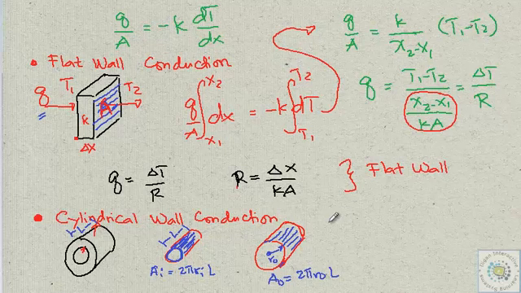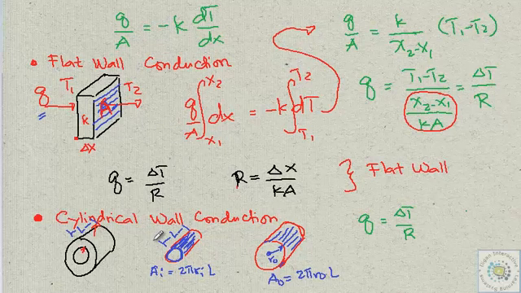And I will write here the equation that we can use for the flat wall. Same. Q is equal to delta T over R, where R is just somehow modified from this. So for the cylindrical wall, we can use this same equation that we have derived for the flat wall. I will not be doing a lot of derivation at the moment.